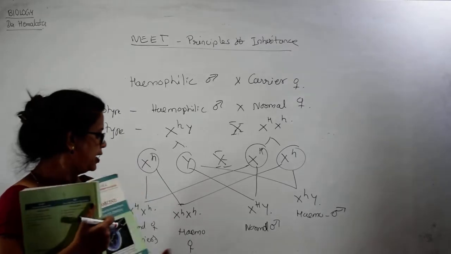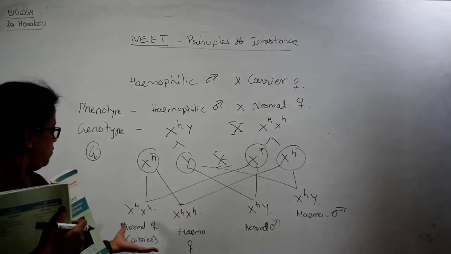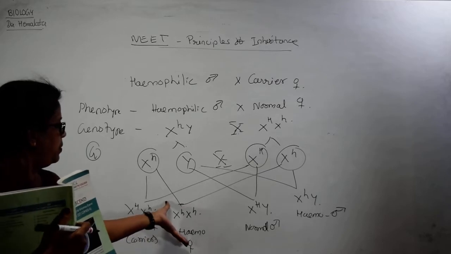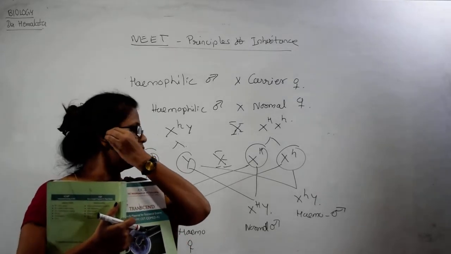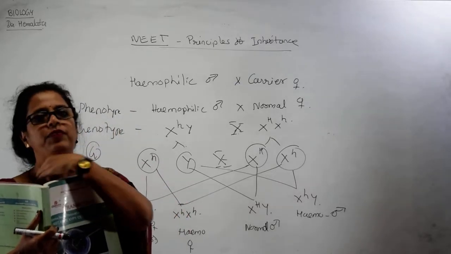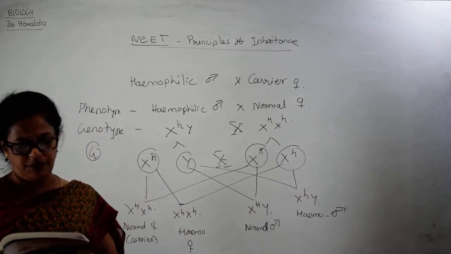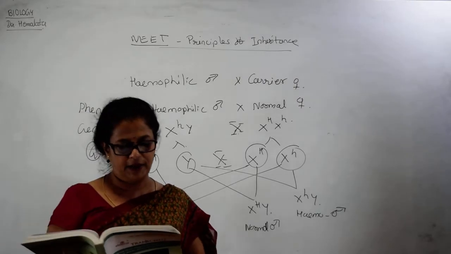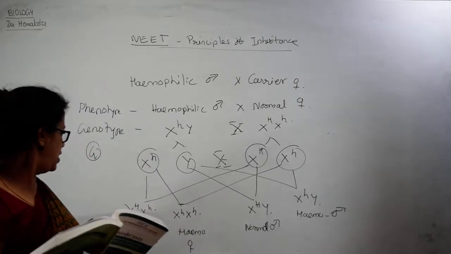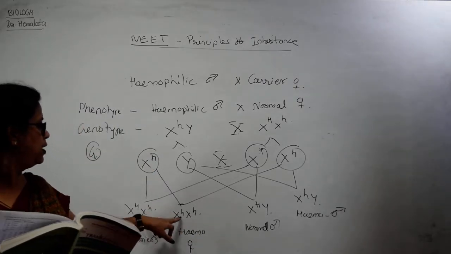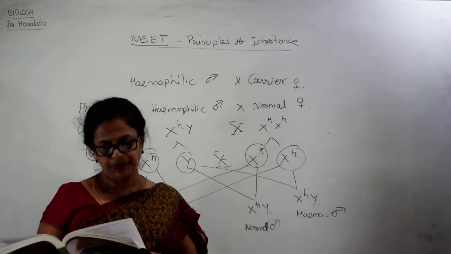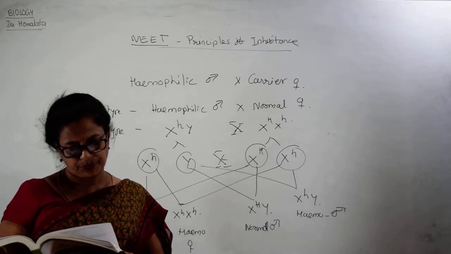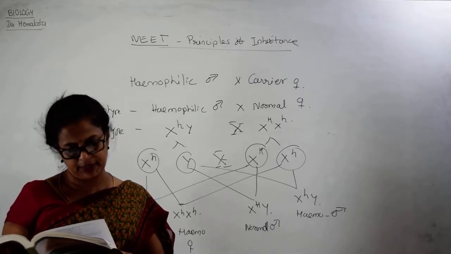See what you are getting here: 50% are normal carrier females, 50% are hemophilic females. Even boys are 50-50%, but they asked only about females. Therefore, you should write the first option. 50% daughters are carriers, they have X capital H, X small h. And 50% are totally affected females, hemophilic females. That's the right answer. Option A is correct.